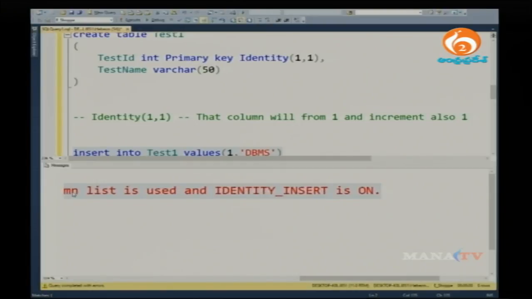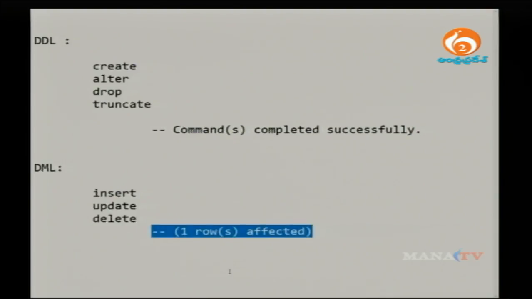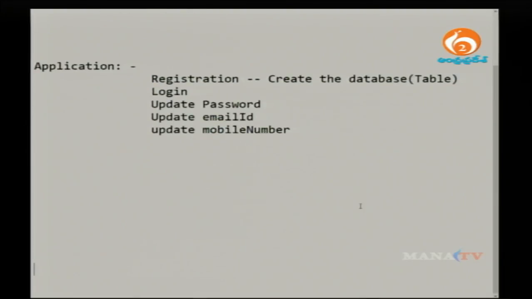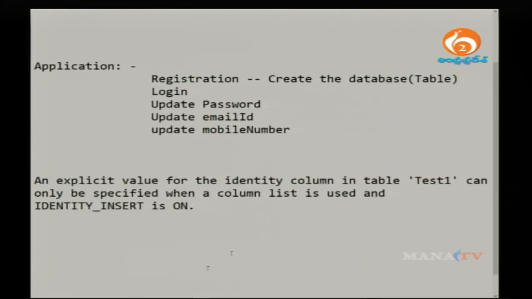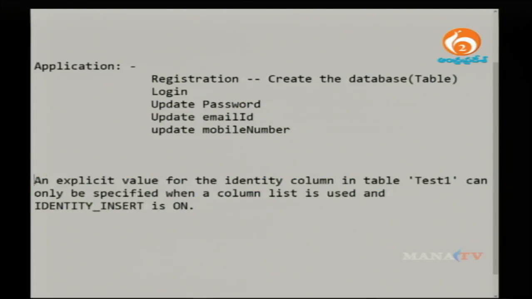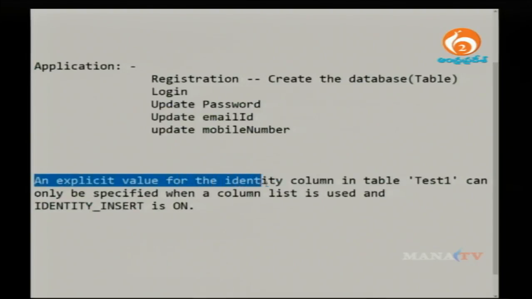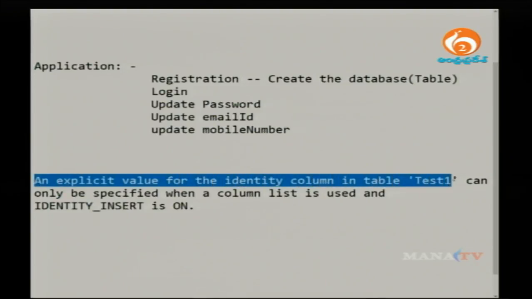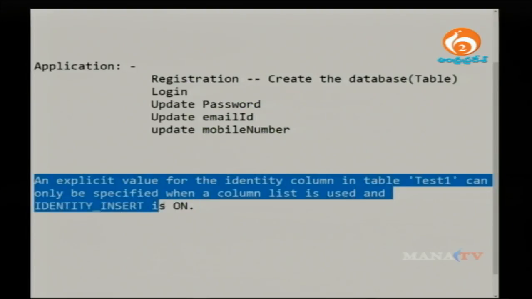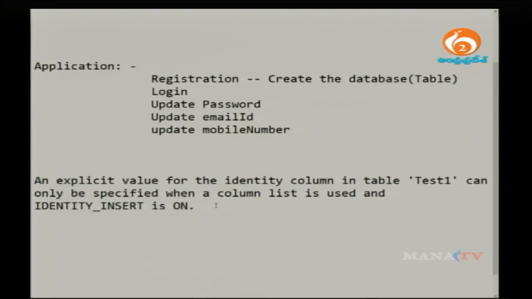Please see what the error is suggesting here. An explicit value for the identity column in table test1 can only be specified when a column list is used and identity_insert is on.